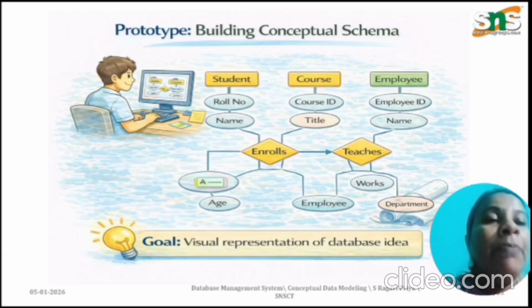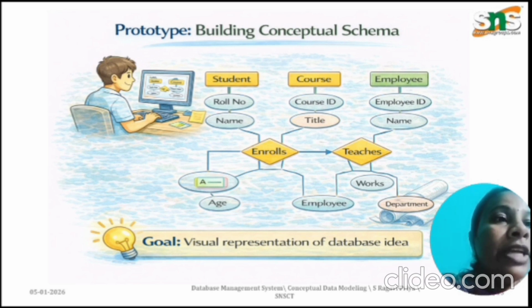So prototype, building conceptual schema. So consider this example. This is the visual representation of a database idea. So each and every entity consists of a separate single database table. So the student entity consists of attributes such as roll number, name. So the course entity consists of a course ID, title.